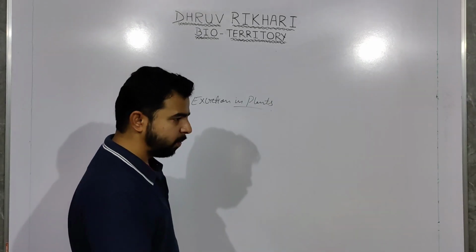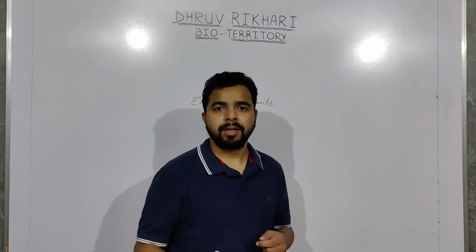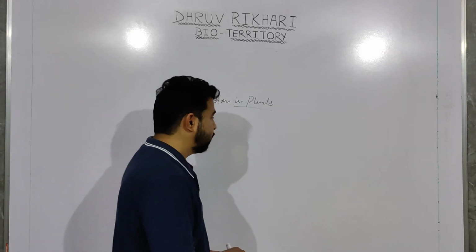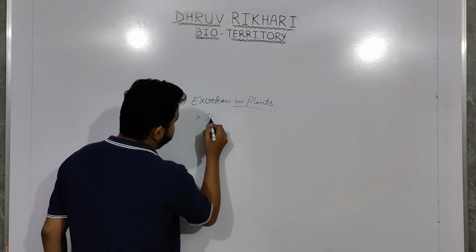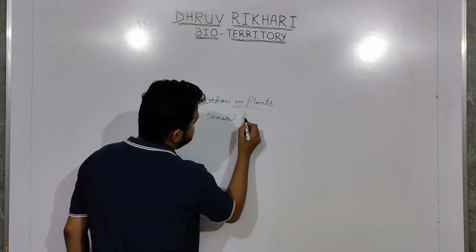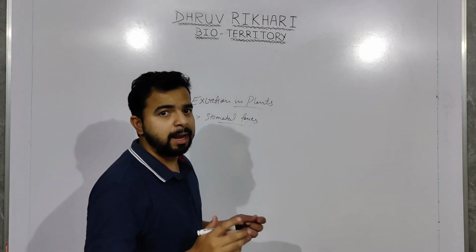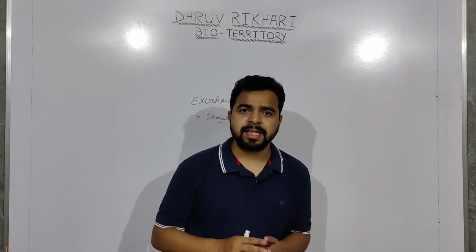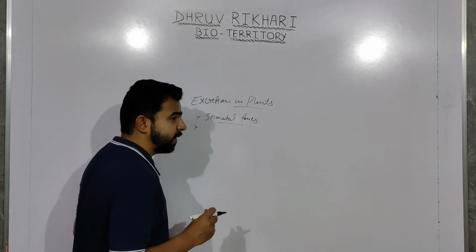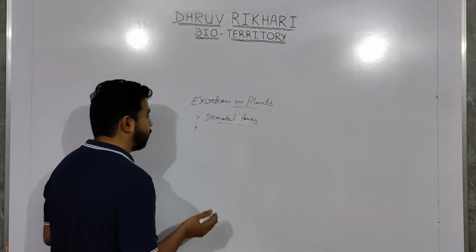Similarly, in plants also excretion takes place, because the byproducts which are harmful for plants also need to be eliminated from the body. Here we have stomatal pores covered with guard cells, helping in exchange of water and gaseous substances and regulating the inner and outer surrounding environment in a balanced form.